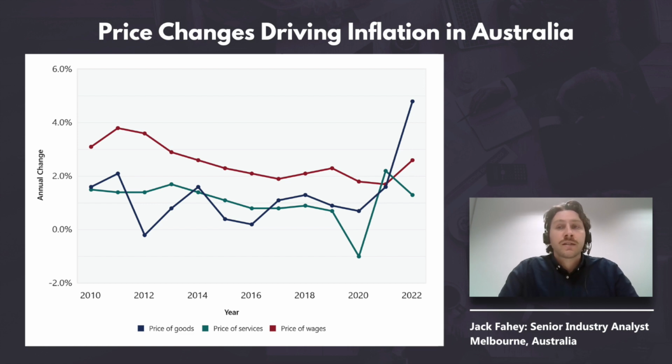However, contrasting the situation in Australia with the United States is that wages and services are still very much trailing the rate of inflation. So inflation is being driven by supply shortages, discrepancies between the supply and demand for material goods, particularly energy, food, and increasingly things like furniture.